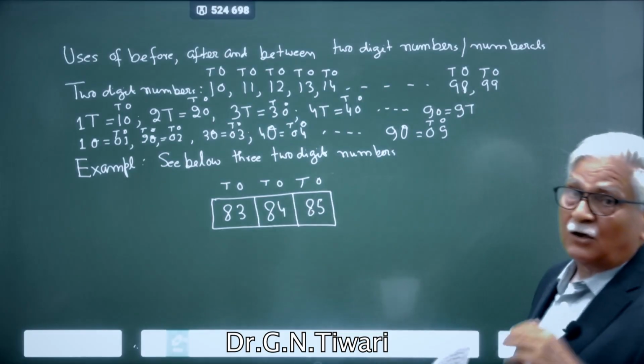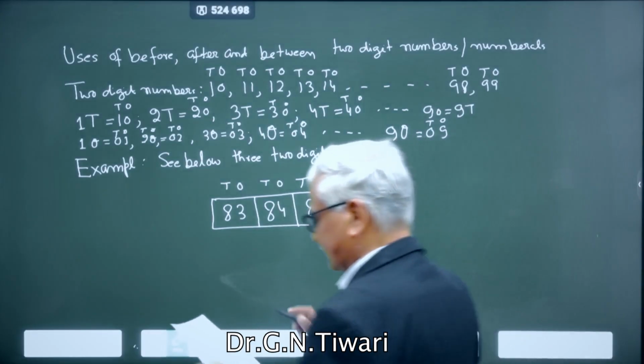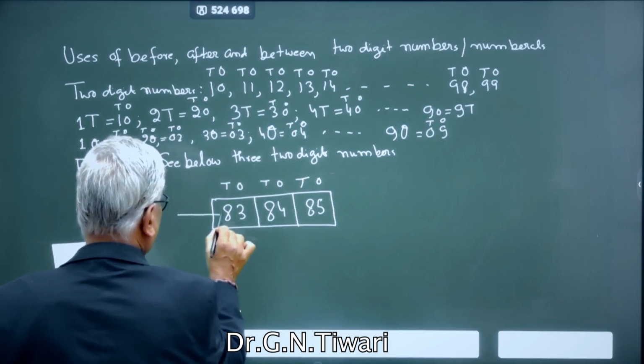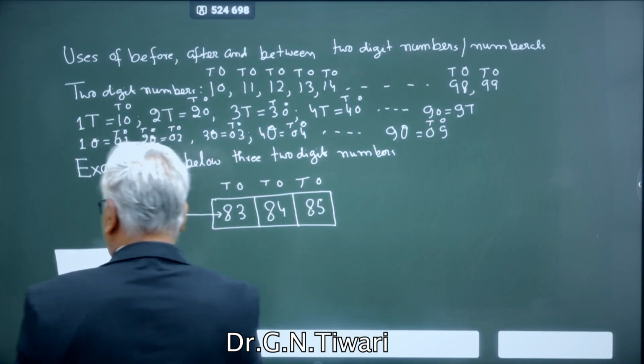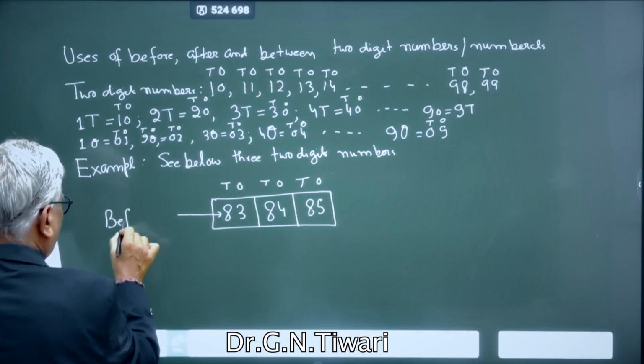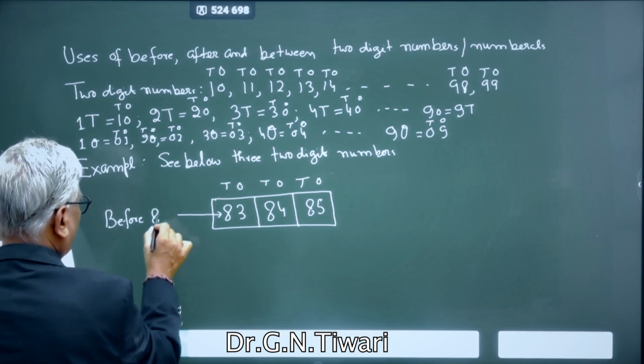Now the question is, which one is before, which one is after, which one is between? So just see, this 83 can be referred to as before 84.